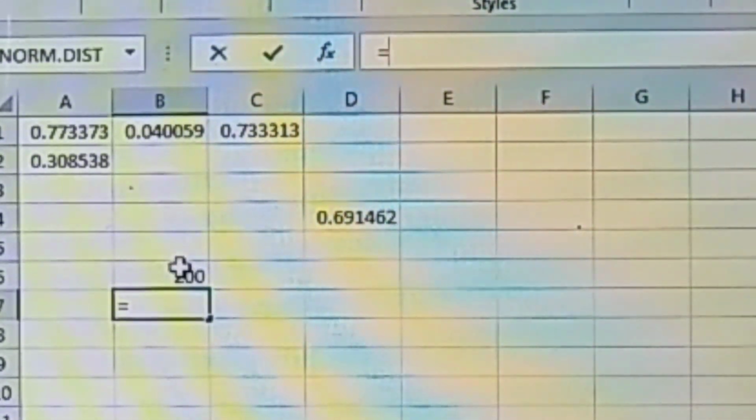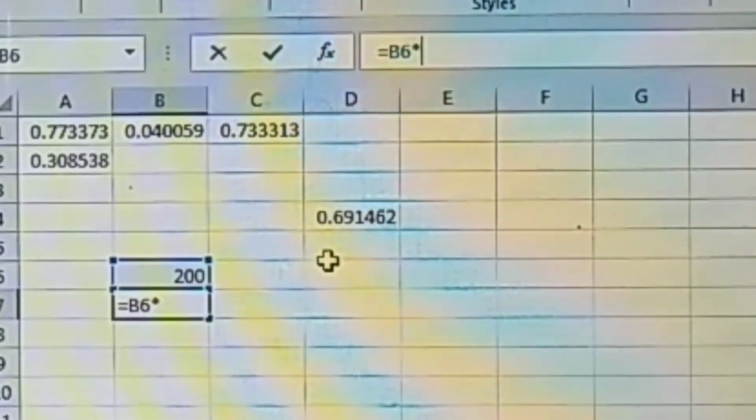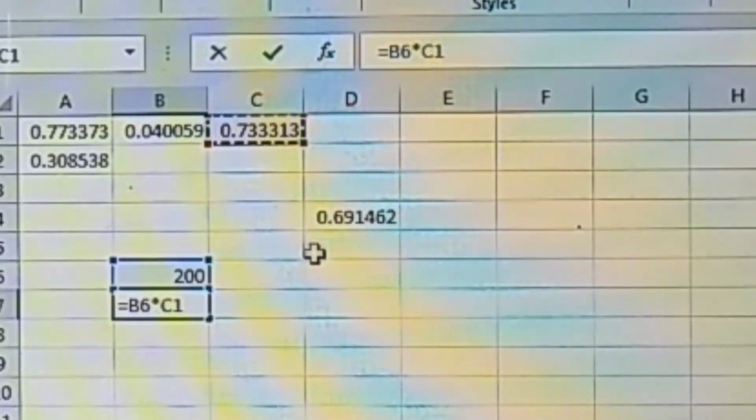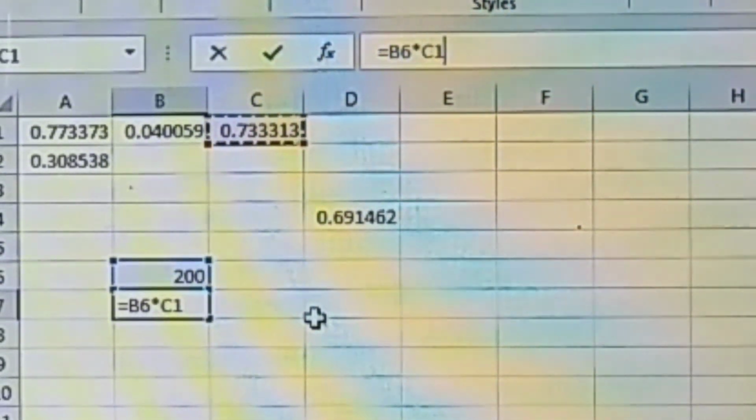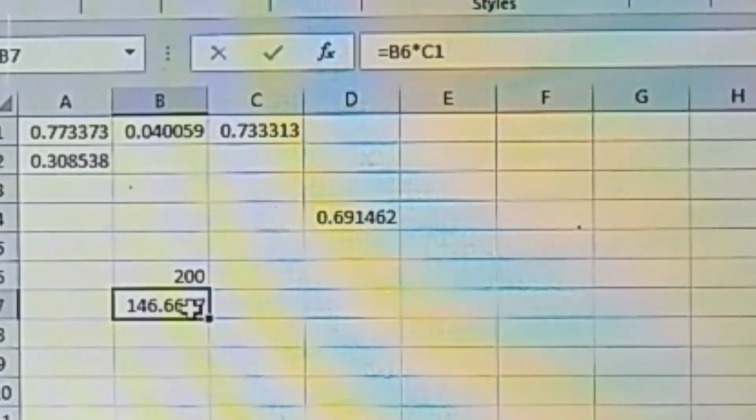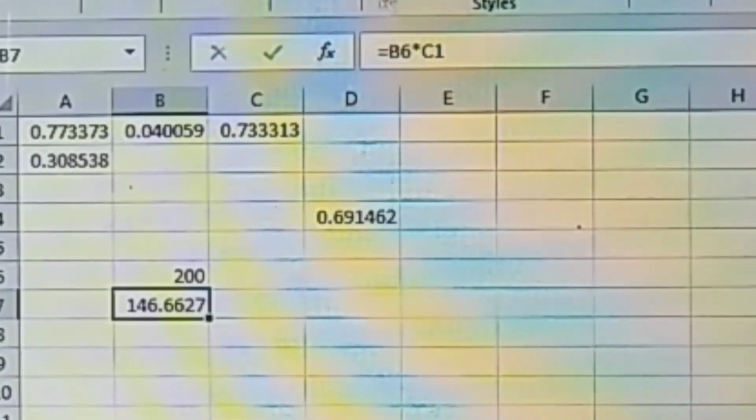So we have equals, 200 multiplied by our answer in letter A. So we press equals, and this gives you 146.6627, or rounded up, that would be 147.